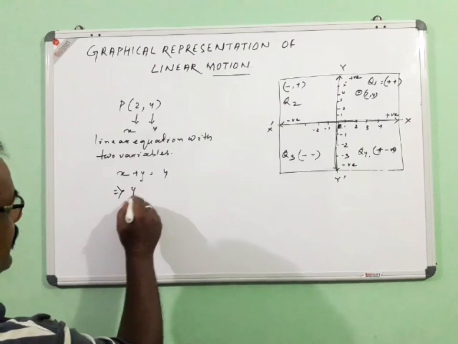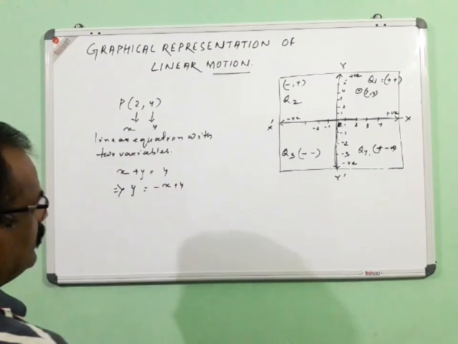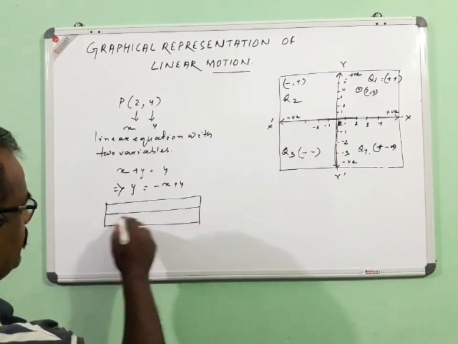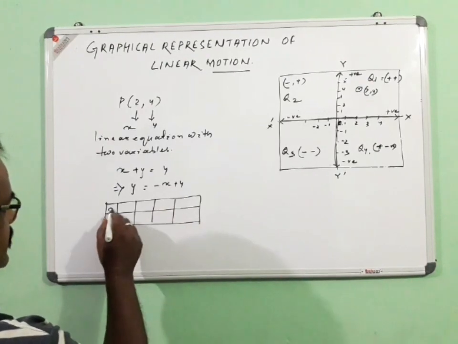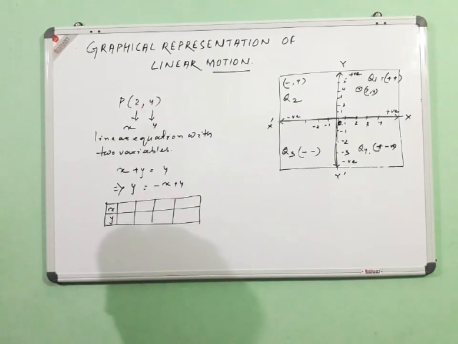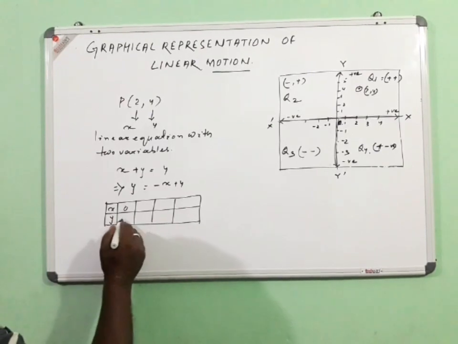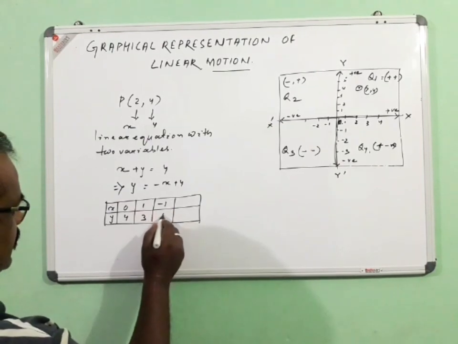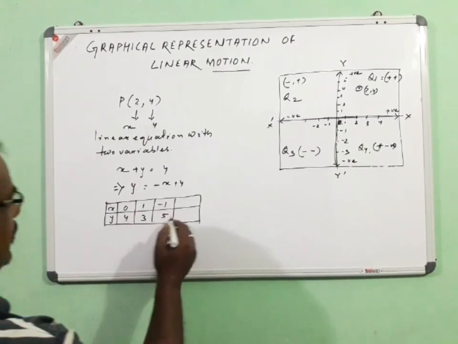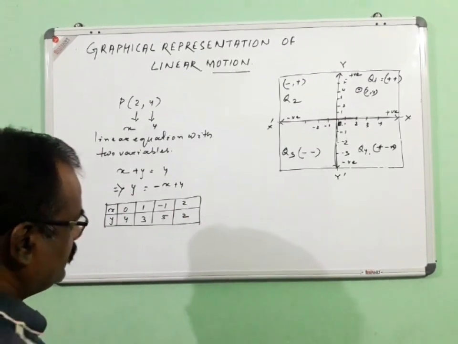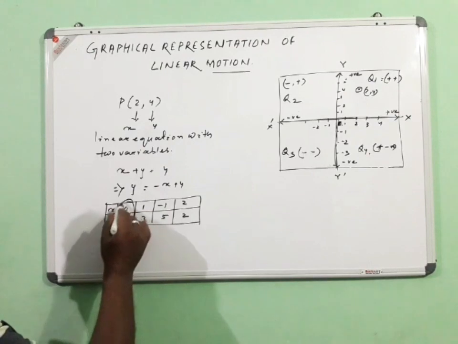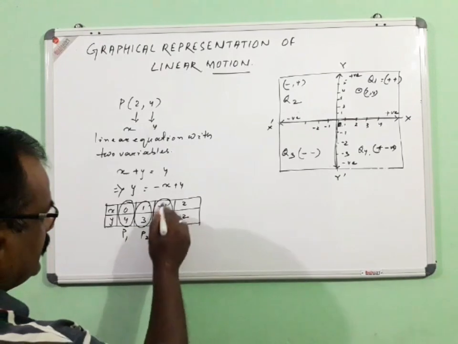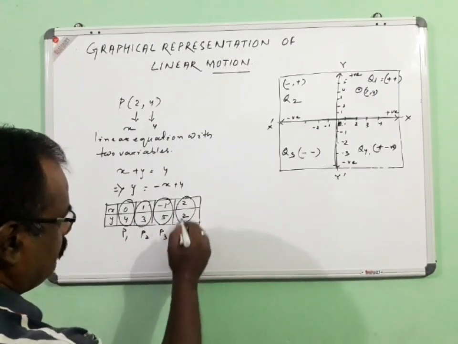We can say that y = -x + 4. Taking various points for this linear equation, if the x value is 0, then the y value is 4; if x is 1, then y is 3; if x is -1, then y is 5; if x is 2, then y is 2. So we take these as points P1(0, 4), P2(1, 3), P3(-1, 5), and P4(2, 2).